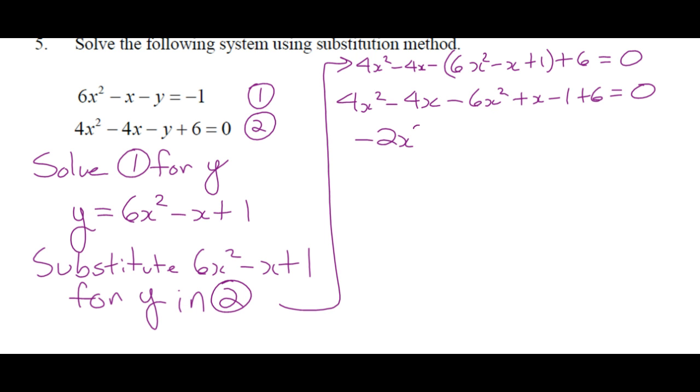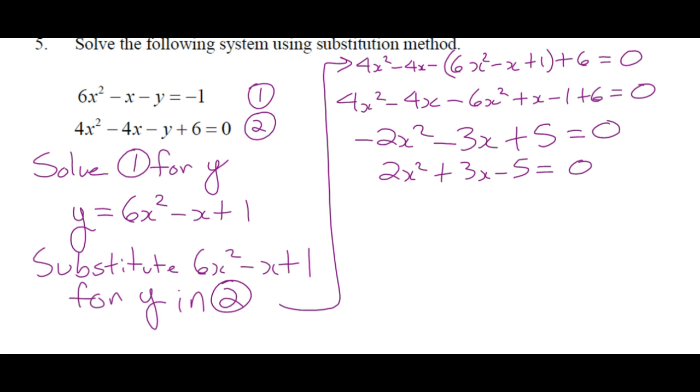Negative 2x squared. What's next? Minus 3x plus 5 is equal to 0. So as soon as I see that, I'm going to write 2x squared plus 3x minus 5 is equal to 0.